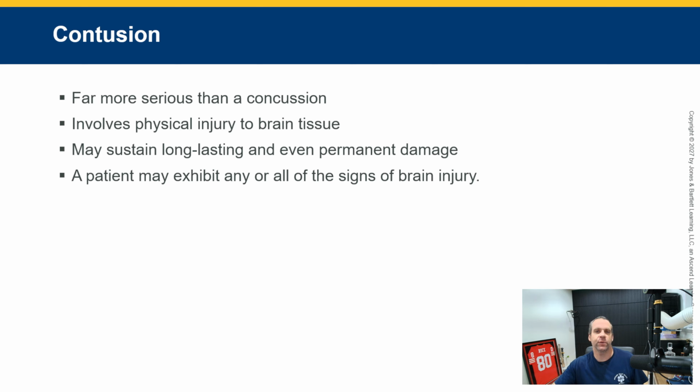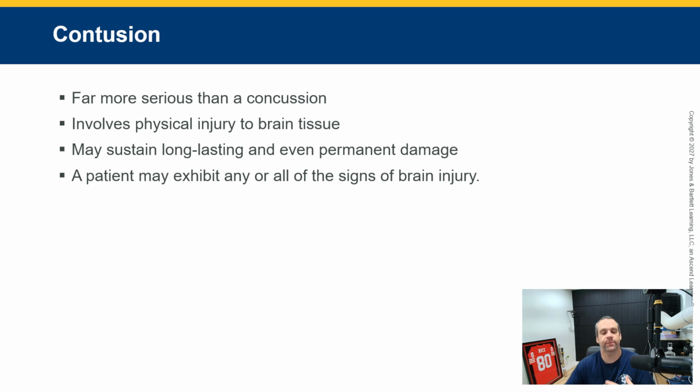Now, moving on to a brain contusion. This is just a bruise within the actual brain tissue. It's usually caused by blunt trauma. This is where small blood vessels are damaged, and this allows blood and fluid to collect within that injured area. A concussion mainly causes a temporary change in function.